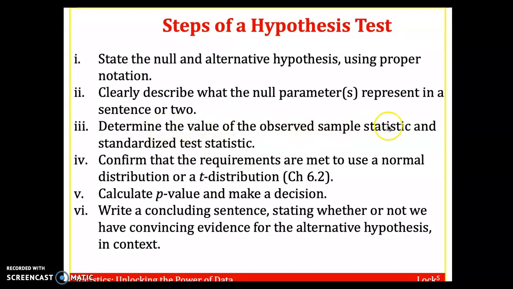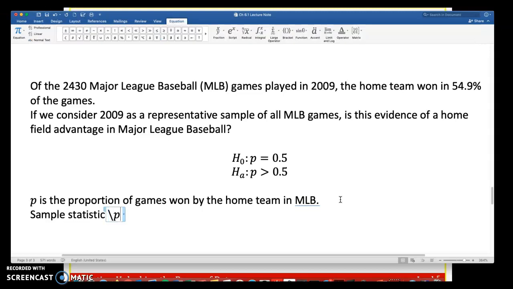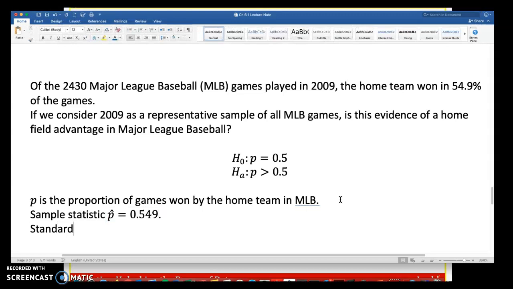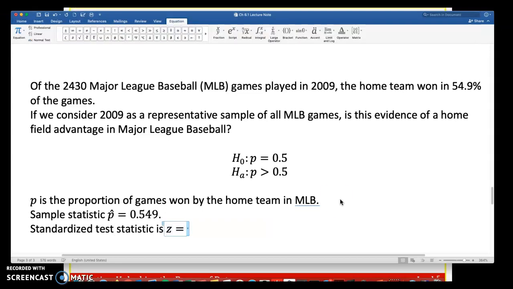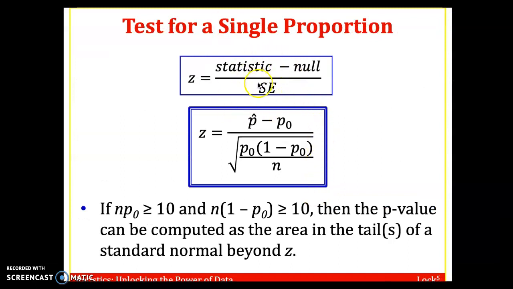Okay, determine the value of the observed sample statistic and the standardized test statistic. So the sample statistic is just given. That's your p hat, which is equal to 0.549. The standardized test statistic is z equals, let me go back here, the test statistic is right here.